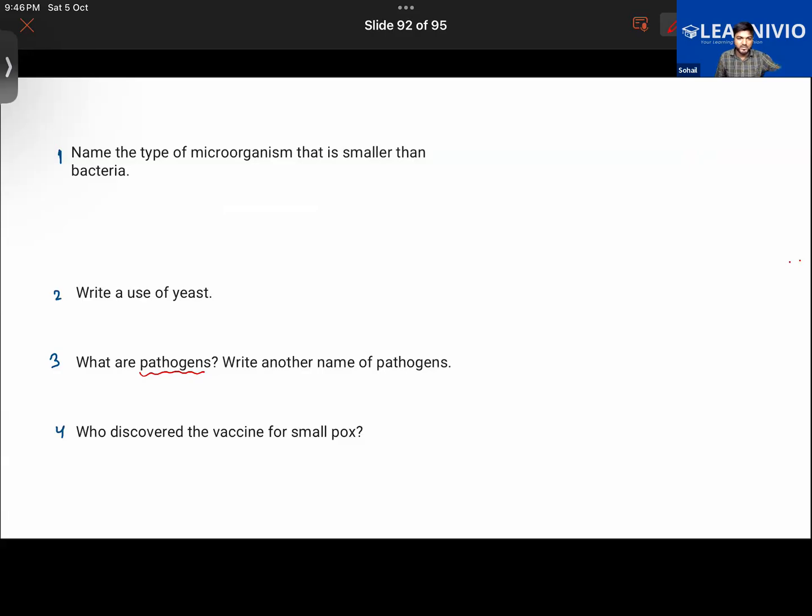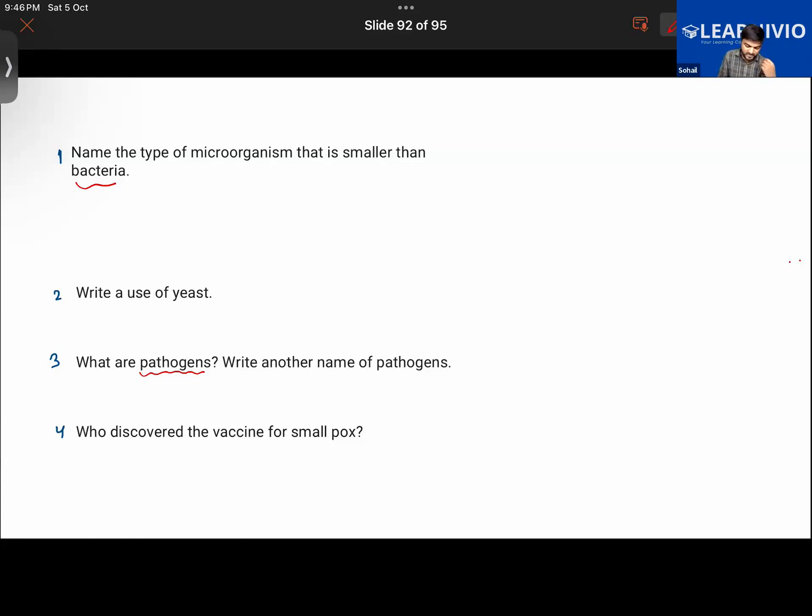Name the type of microorganism that is smaller than bacteria. Virus. In fact, viruses could be about 15 to 60 times smaller than bacteria. Even if you take the smallest bacteria, a virus will still be 15 to 60 times smaller than it. Just imagine it.